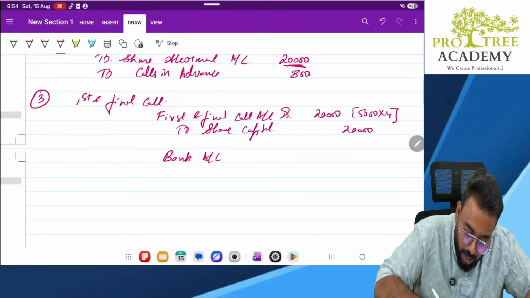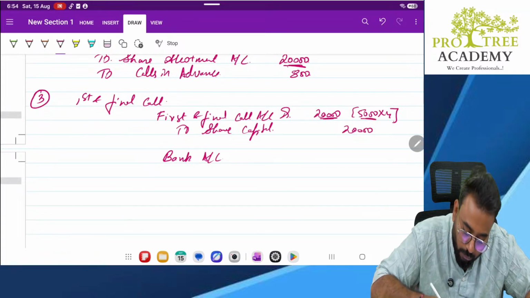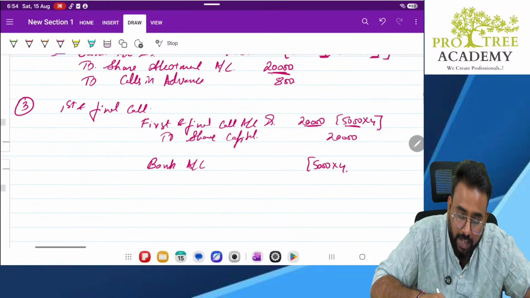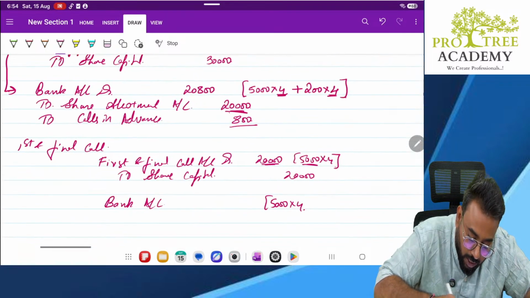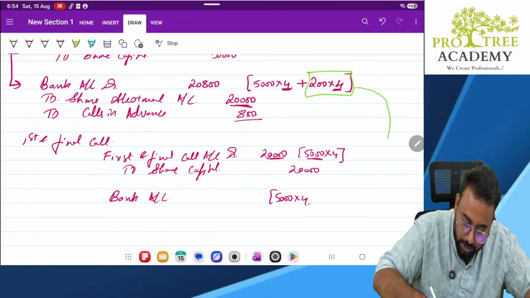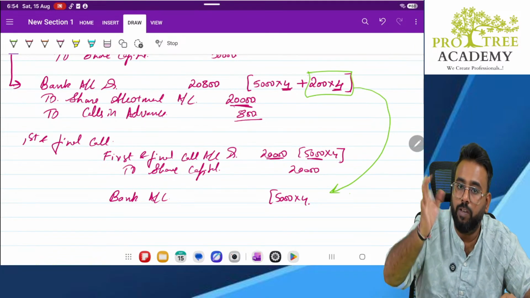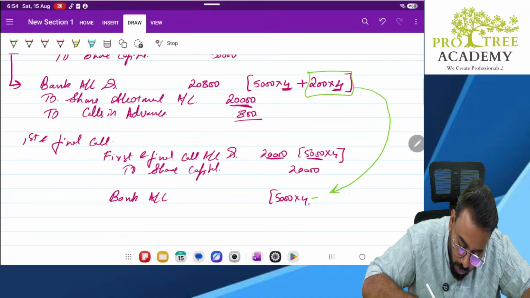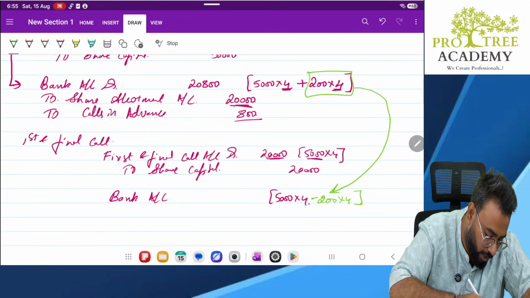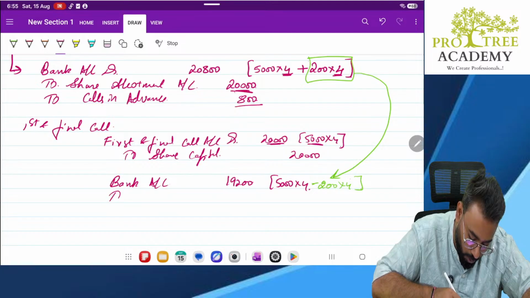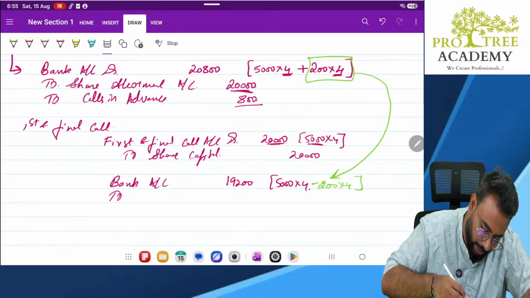Now understand, out of this 20,000, that is 5,000 into 4, this is the money receivable, correct? But have we already received this advance? See, this is already an advance which should be adjusted against this. Why? Because we will no more receive that money in the bank account, because we have already received it earlier, correct or no? So minus 200 into 4, minus 800. So that will be 19,200. Okay, sir, 19,200.